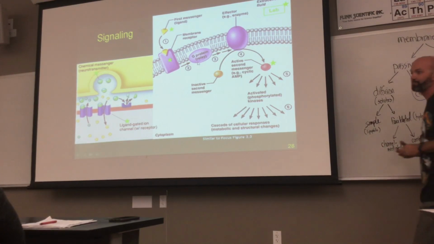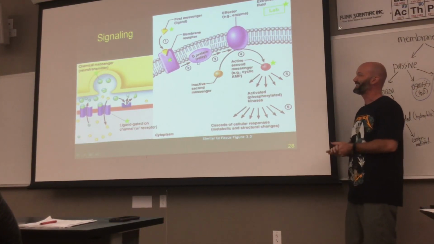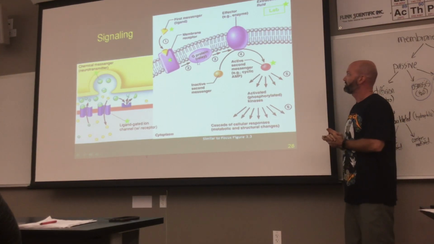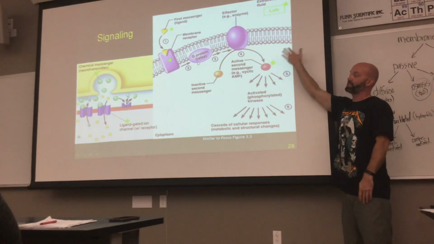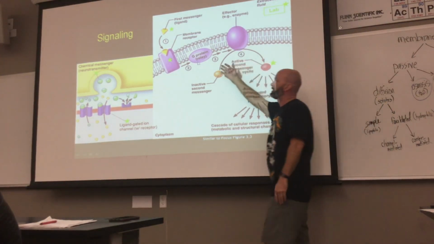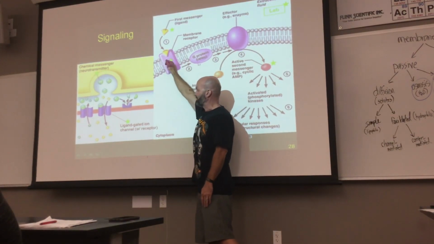So you'll need to know this in detail next semester, endocrine system chapter. For now, I want you to know that there is this thing called a second messenger pathway. It is one possibility of what happens once the chemical binds to its receptor.